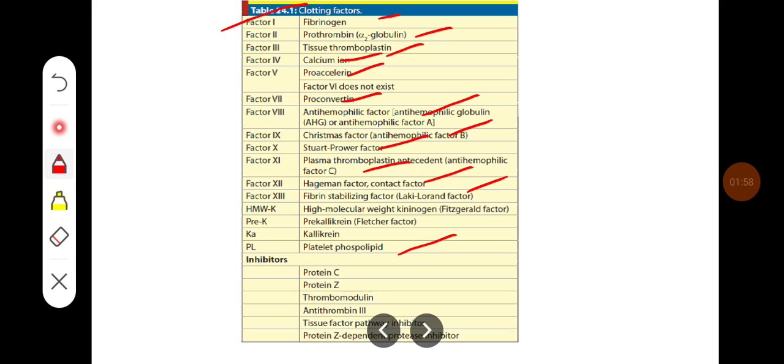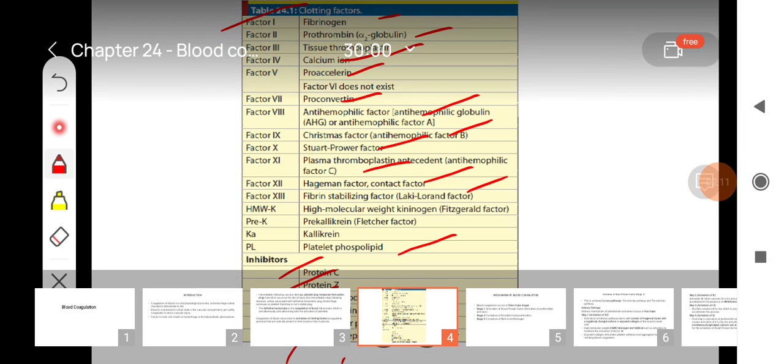Some of the inhibitors of clotting factors are protein C, protein Z, thrombomodulin, antithrombin 3, tissue factor pathway inhibitor, and protein Z dependent protease inhibitor.